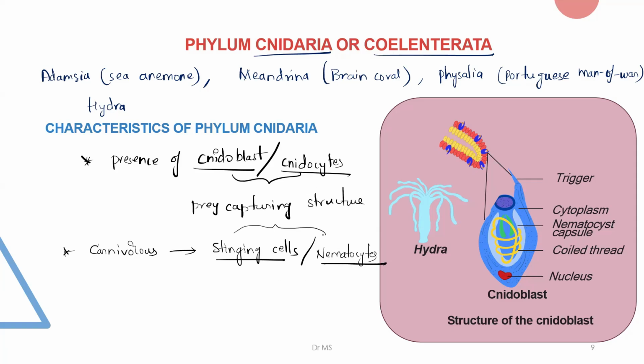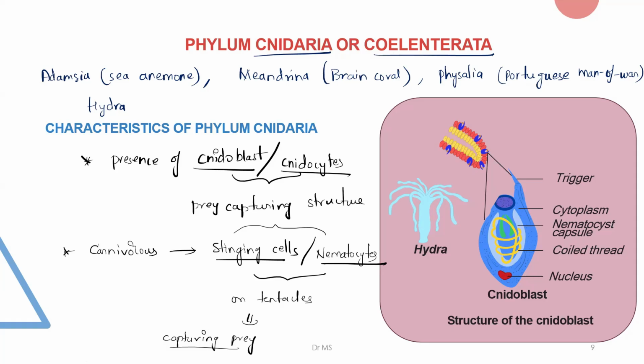They are nothing but the prey capturing structure, which is helpful for capturing the prey. These stinging cells or nematocytes are present on tentacles. They will have tentacles, and on these tentacles these cells are present, which are helpful for capturing prey. Is that clear?